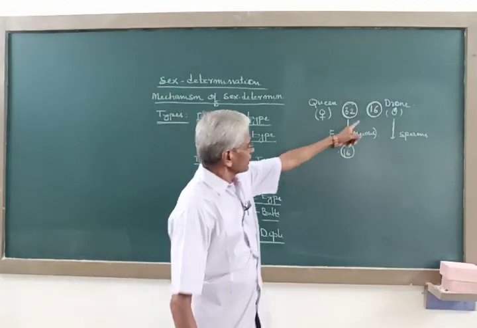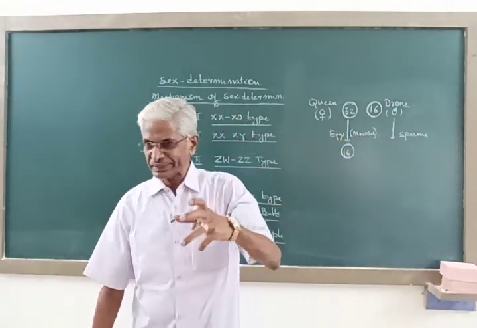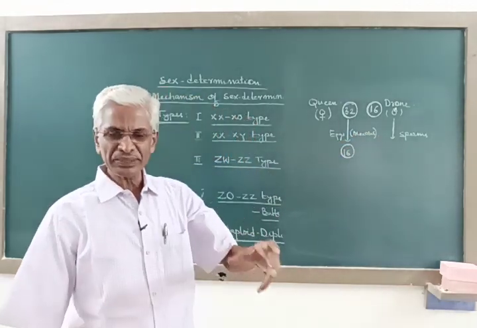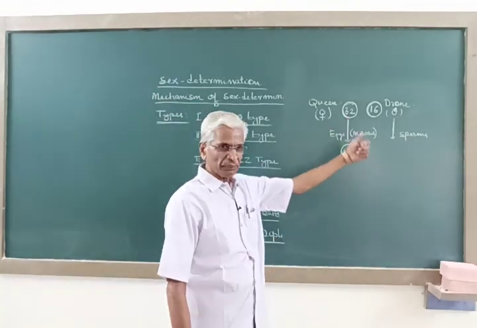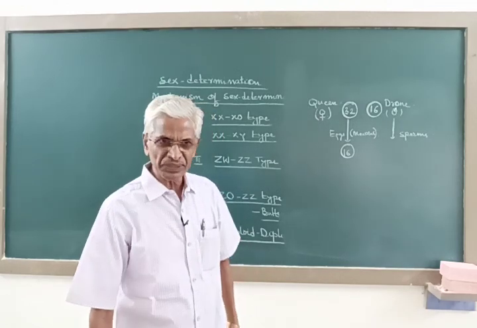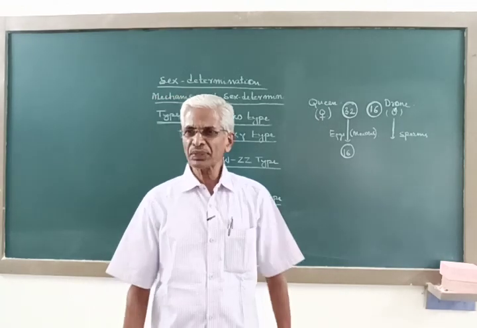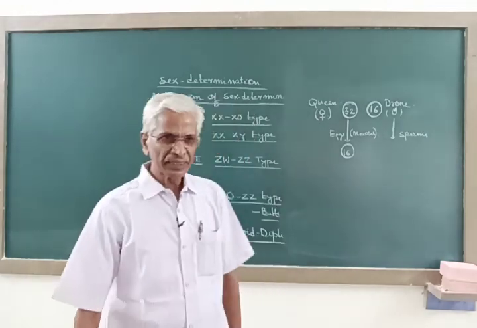But here, the male itself is haploid, so the male has only one set of chromosomes, n number of chromosomes. So during sperm formation, during spermatogenesis, an unusual mechanism takes place.